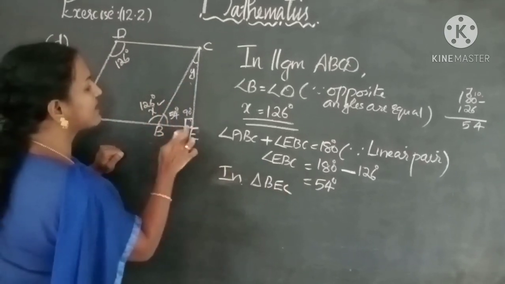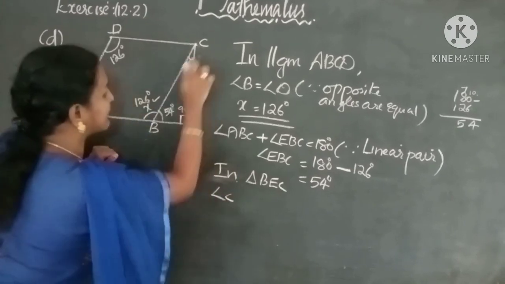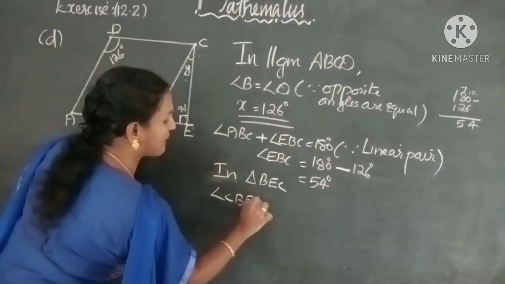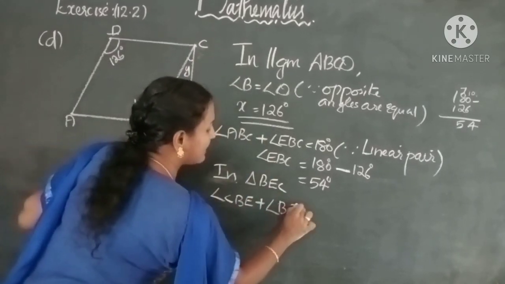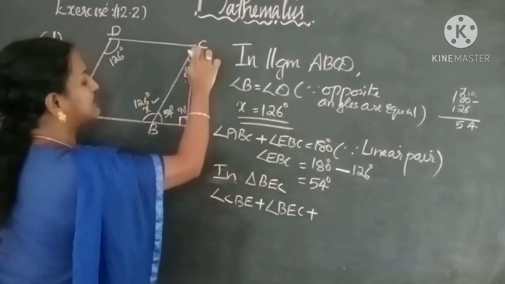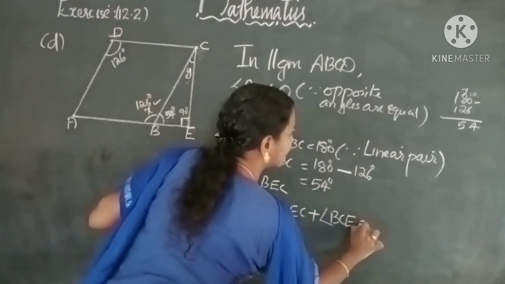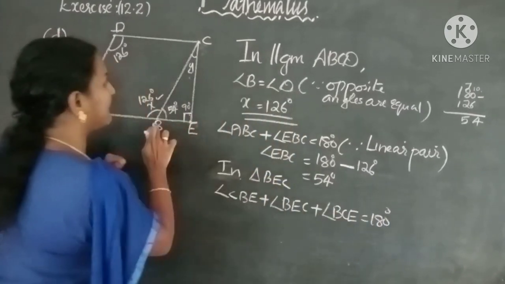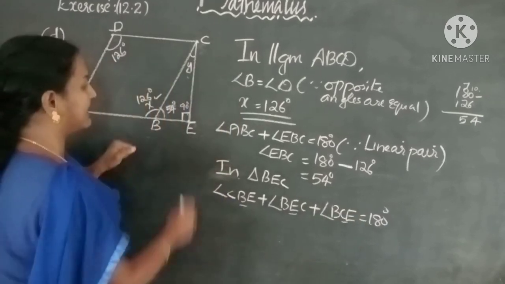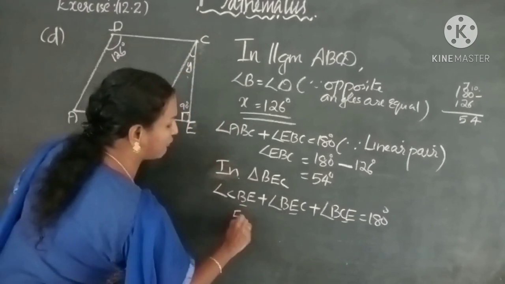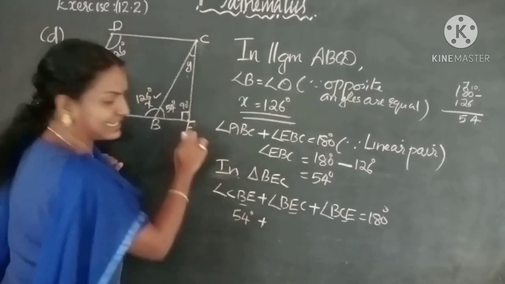In triangle BEC, angle CBE plus angle BEC plus angle BCE is equal to 180 degrees. So CBE is 54 degrees plus BEC is a right angle, 90 degrees.